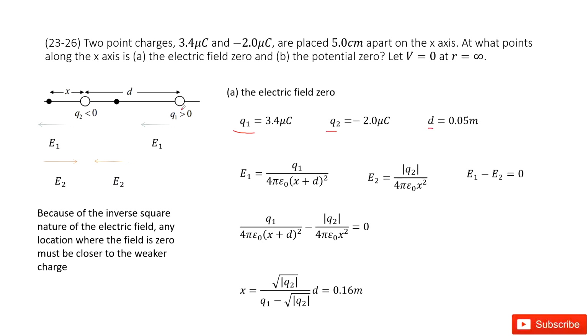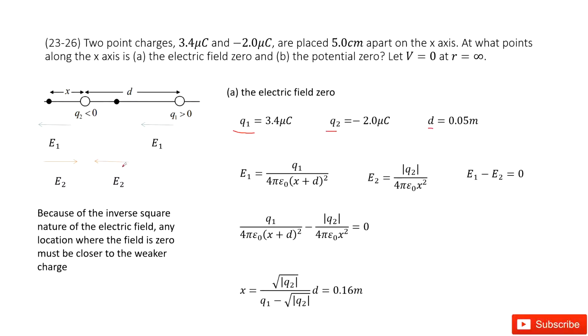So we can see Q1 is positive, so the electric field will be radially outward. On the x direction, it will point to the left. Agree? It points to the left, and there it points to the left. And Q2 is a negative charge, so the electric field will point inward to it, so it will look like this in these two regions.